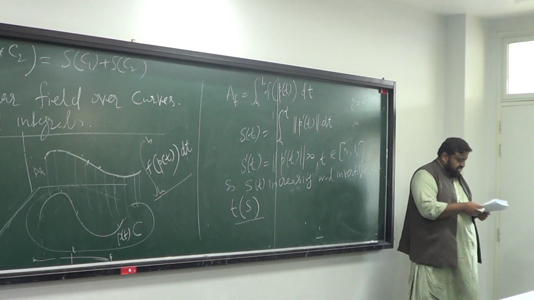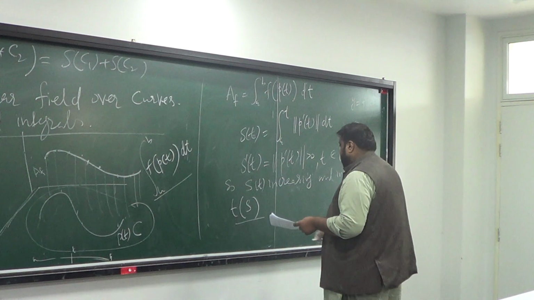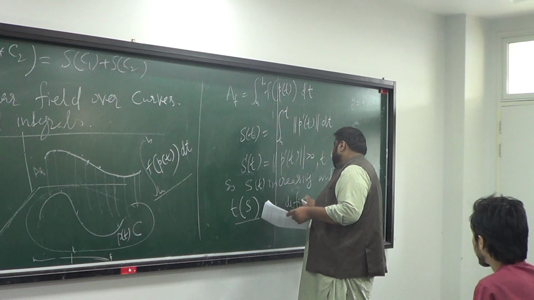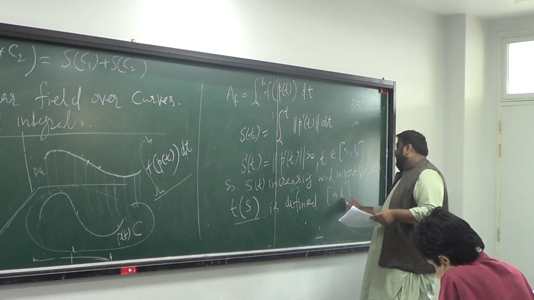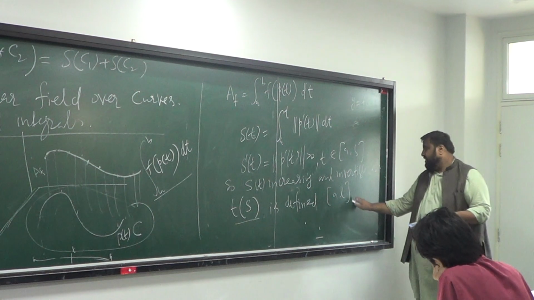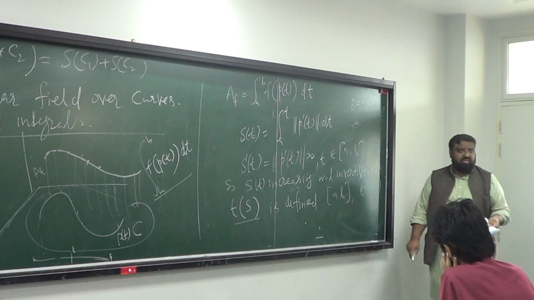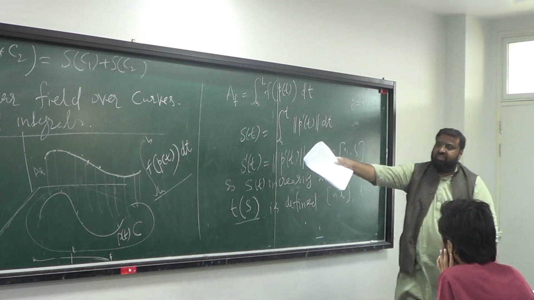And this T of S is defined where? It is defined over the entire length of the curve, where L is the S of the whole curve. Think about this curve.